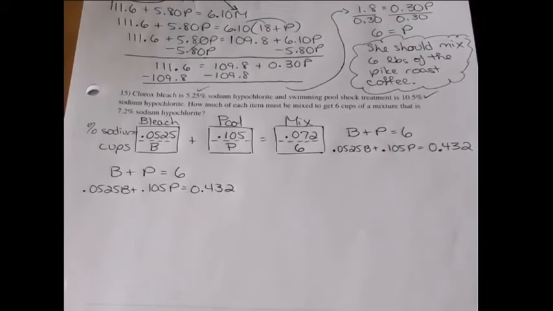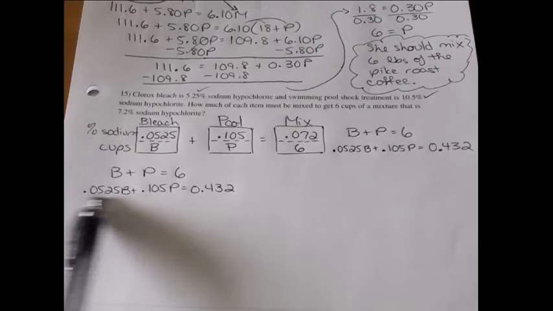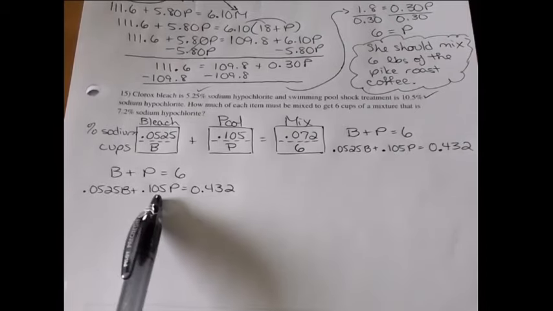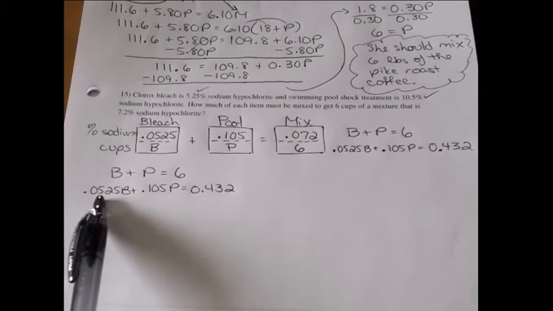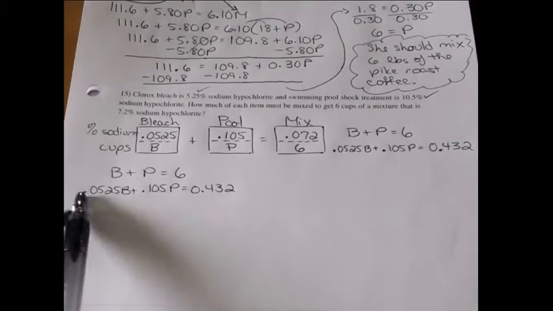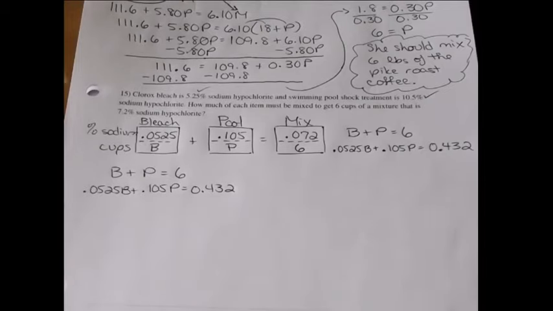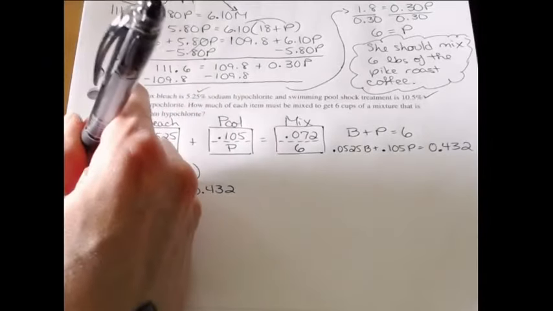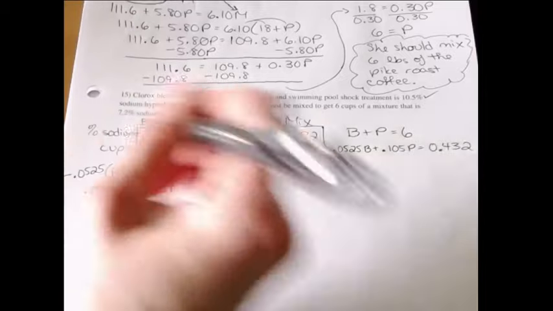We want to use the opposite of this number since it's smaller. You're probably thinking 0.05 and then 0.105. This is actually the smaller number, right? Think of 5 cents instead of 10 cents, if you cut off the rest of those digits. So I'm going to multiply the entire first equation by a negative 0.0525.